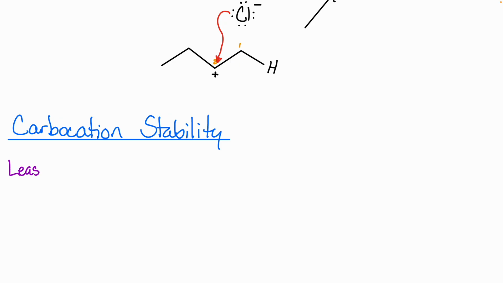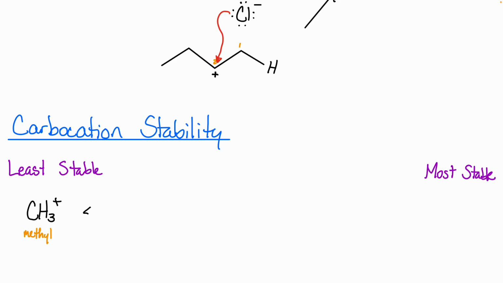All right, if we're going to rank carbocations from least stable to most stable, we're going to see that it depends on how substituted those carbons are. The least stable carbocation you could have, the one that you'll never really see, is a methyl carbocation. All right, they get more stable as you increase the number of carbon neighbors.